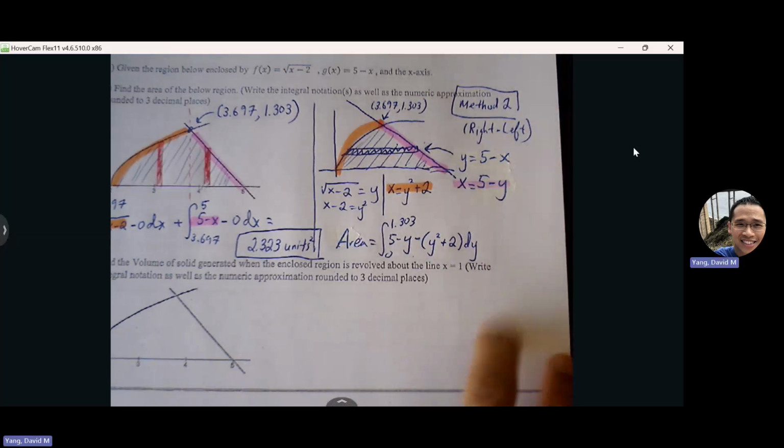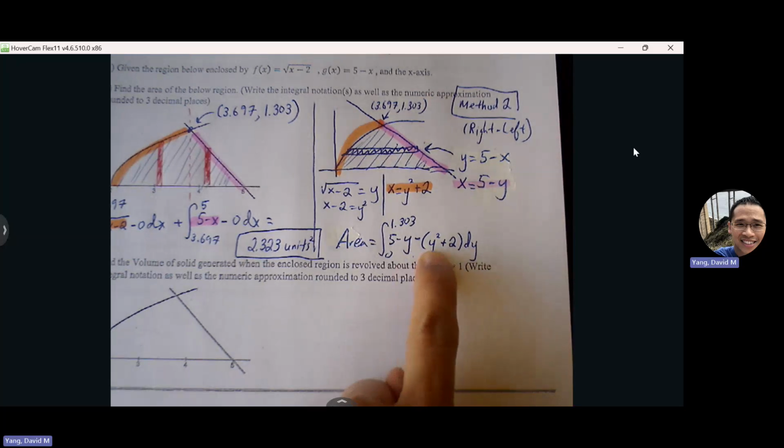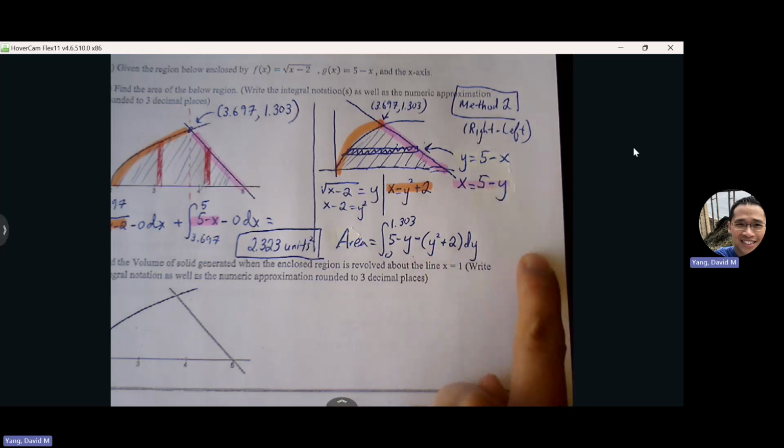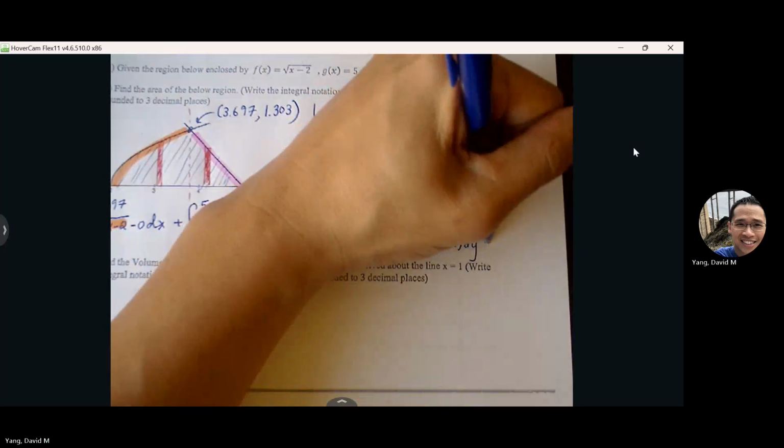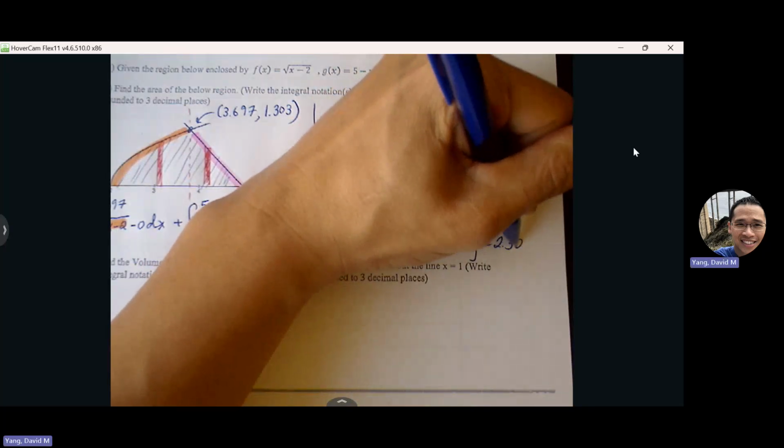The rest goes in your calculator. On paper, you would write it in terms of y, but in the calculator, you will use x. We should get the same answer.